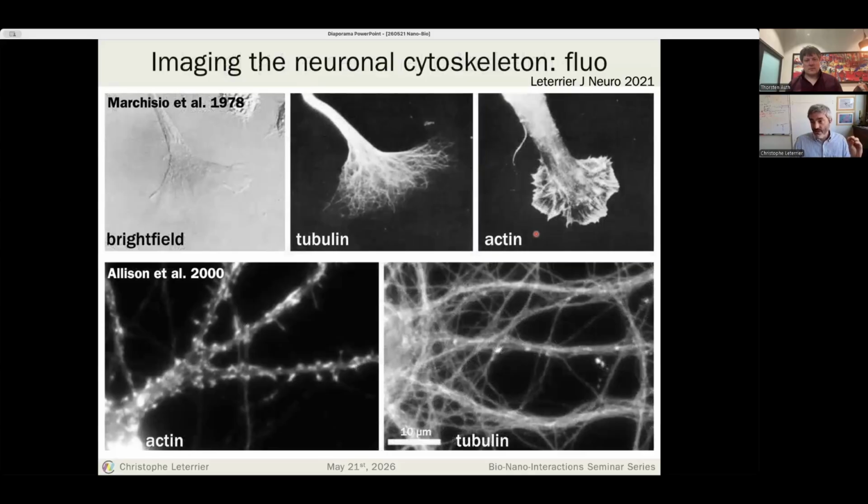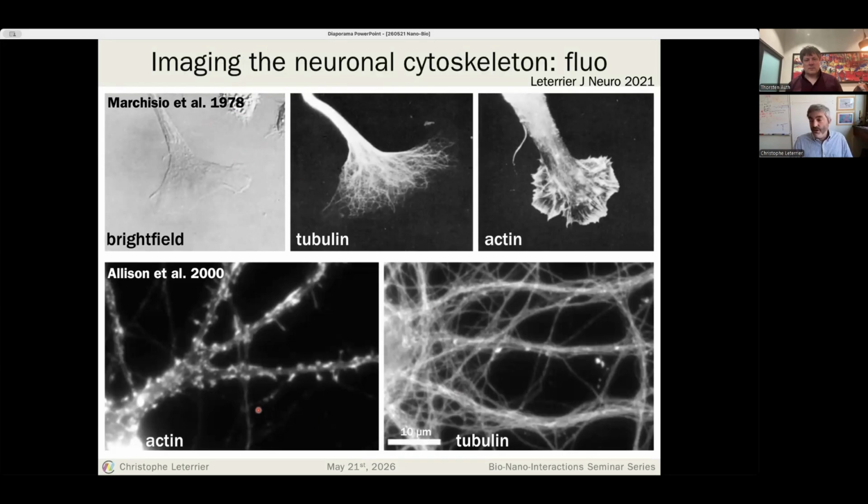And so what is able to identify them is fluorescence, immunofluorescence. So you label something, microtubule or actin, and you know that you're looking at a microtubule or at an actin structure. At the top here is the first example I could find of immunolabeling of cytoskeletal components in a neuronal cell, back to 1978.